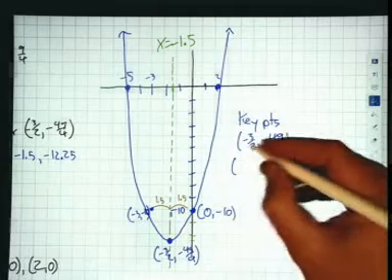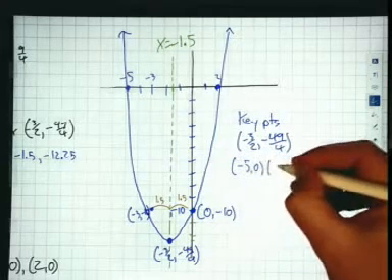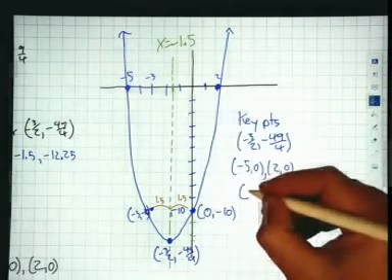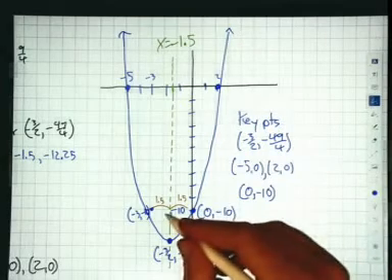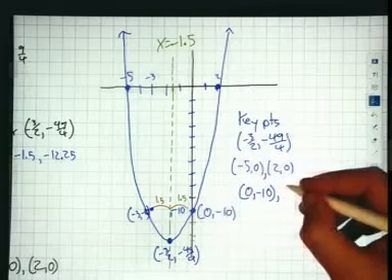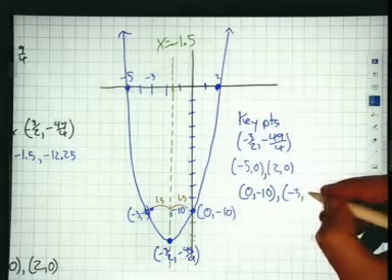Then your x-intercepts, negative 5, 0, and then 2, 0. Then your y-intercept, which is at 0, negative 10, and then use your y-intercept and your axis of symmetry to get that fifth point, negative 3, comma, negative 10.